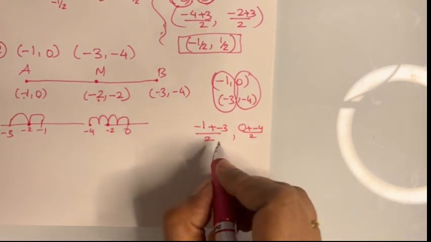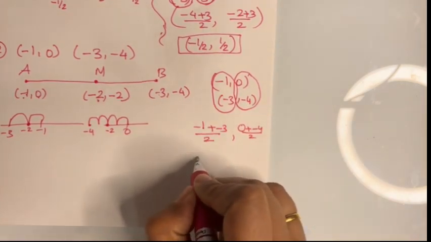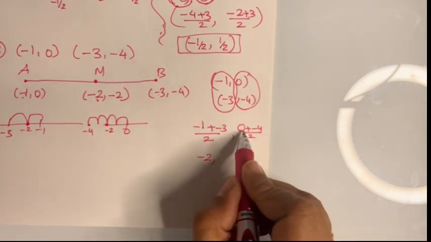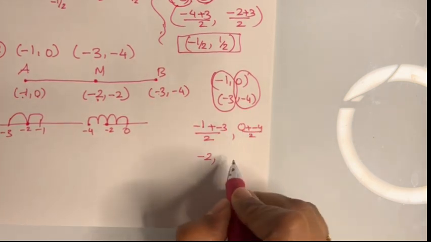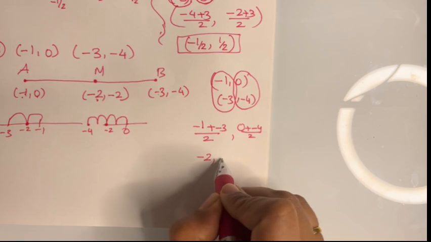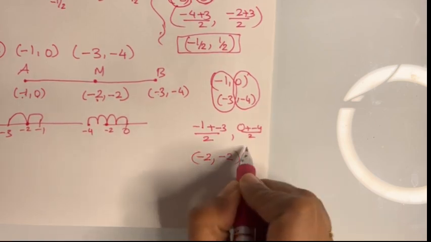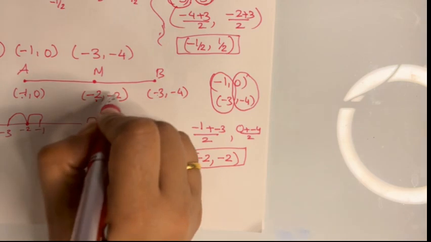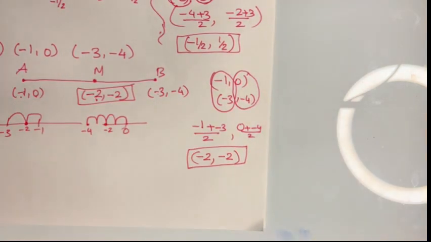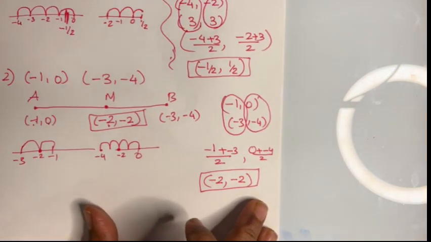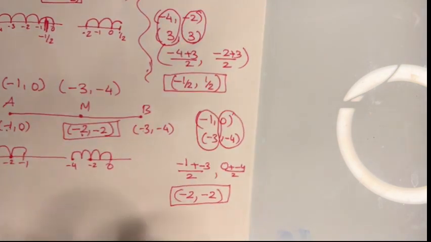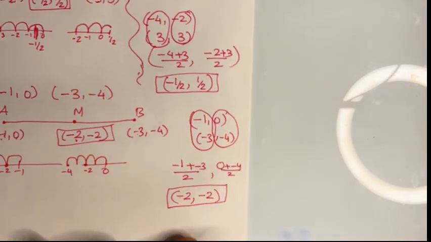Negative 1 plus negative 3 is negative 4, divided by 2 is negative 2. 0 plus negative 4 is negative 4, divided by 2 is negative 2. If you notice, we are getting the same midpoint value. So I showed you two different ways, and you can choose whatever method you prefer.